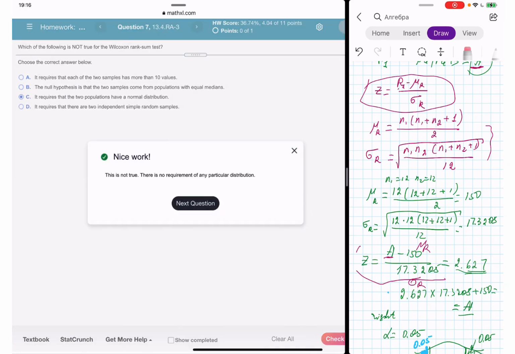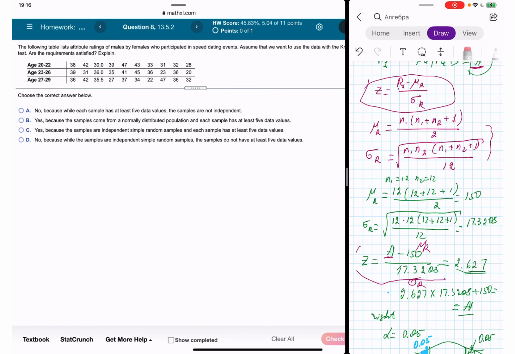To answer such questions, and on the final there will be such questions, I highly recommend you go over the lecture and write down in what case we use which one. Okay.